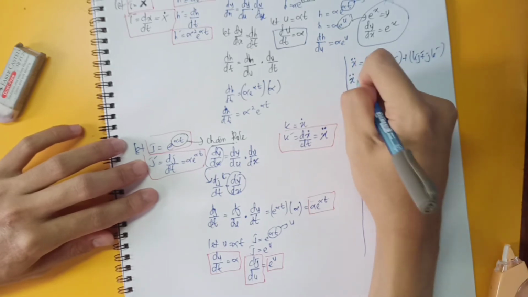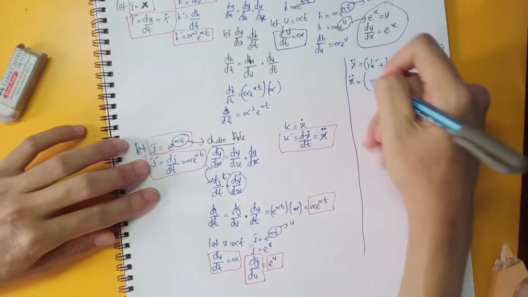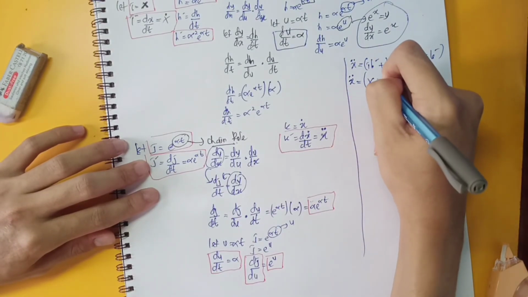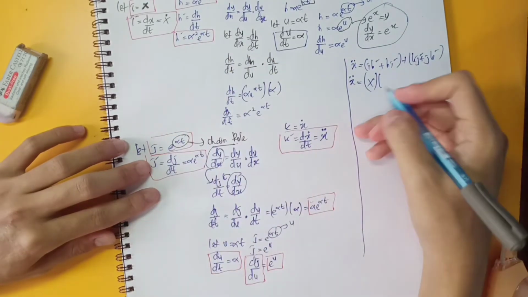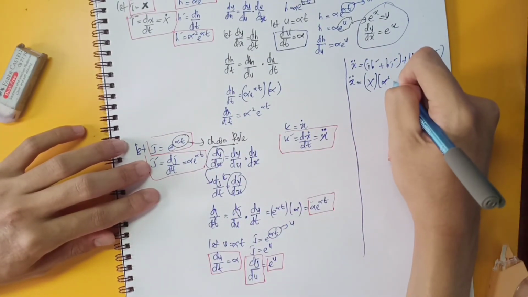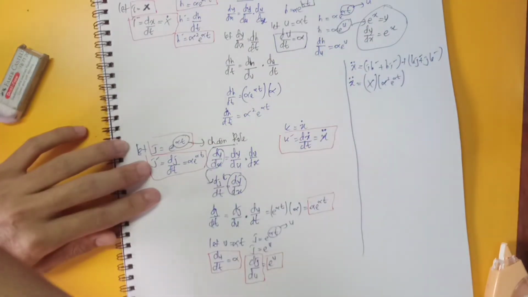Now do some substitution. So x double dot is equal to I, which is capital X here, and then times the h prime, which is alpha squared exponential power of alpha t. Very simple, right?